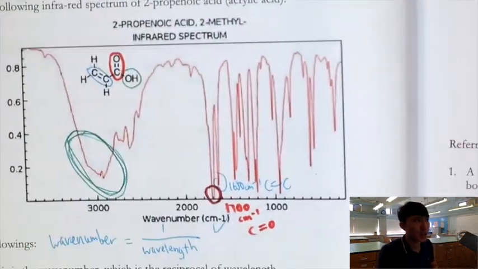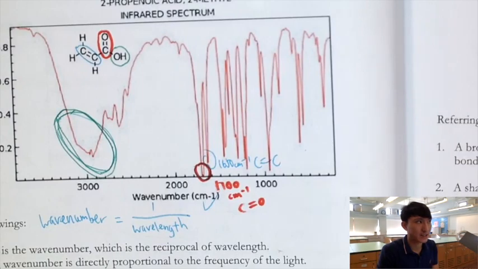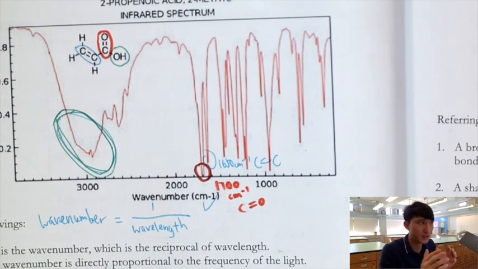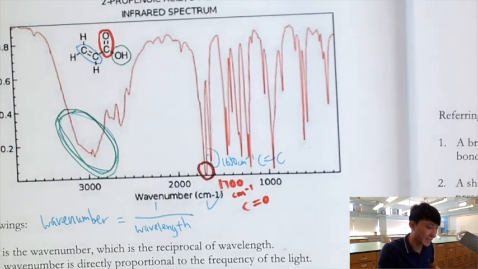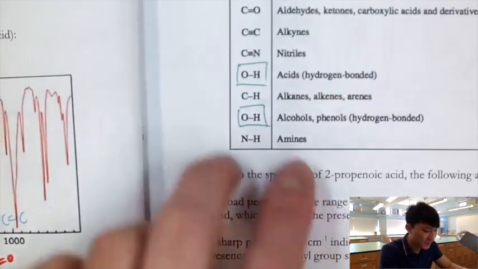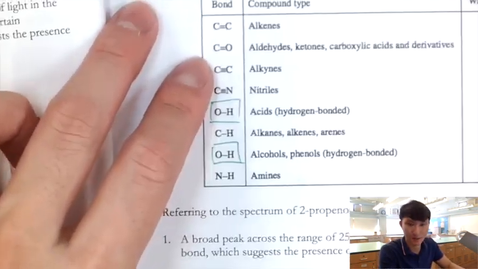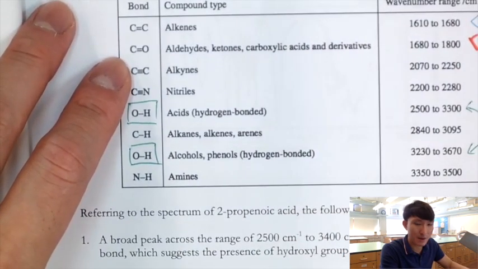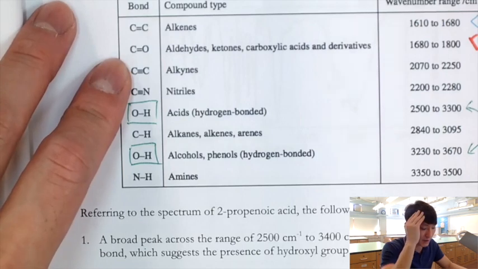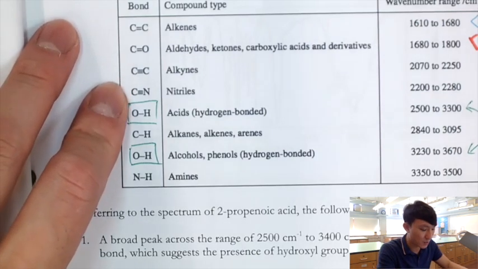Okay, so in fact, this is the key peak or key region of wave numbers that we have to pay attention to. Because if you check, alkyne is very rare. Of course, that may be asked in the DSE, but very unlikely. Nitrile as well.